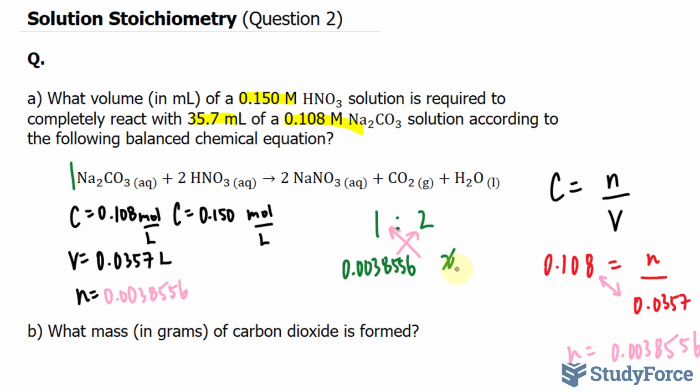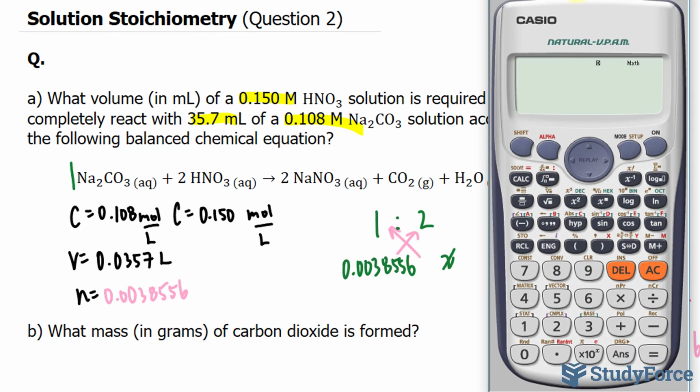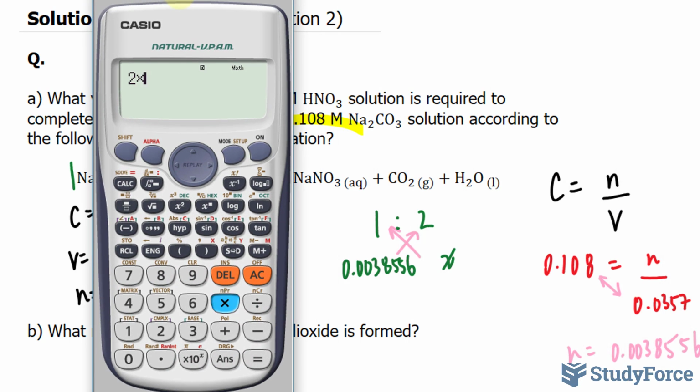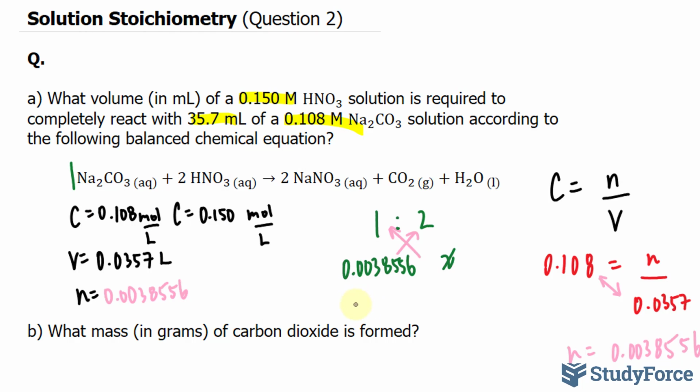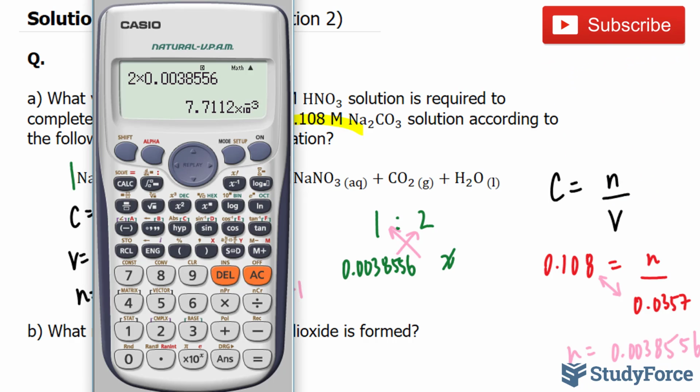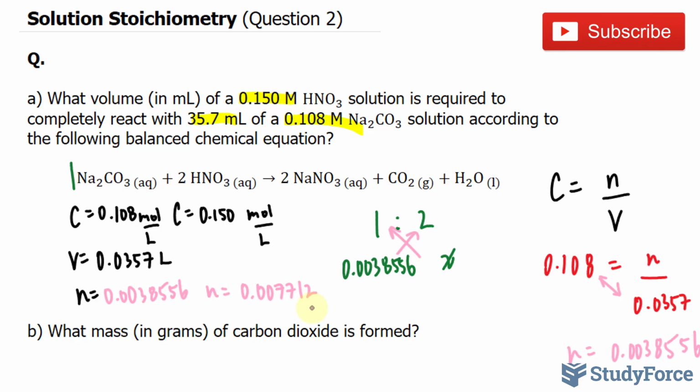This number times 2, x times 1. It's a nice little algebraic technique. 2 times 0.0038556 gives us 7.711 times 10 to the power of negative 3. Or N is equal to 0.00771.